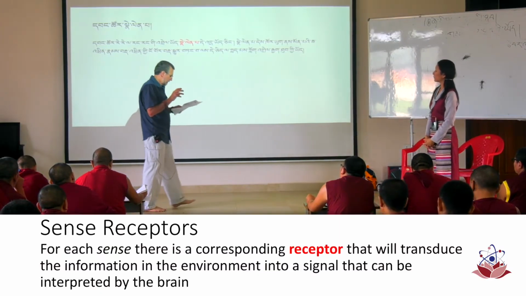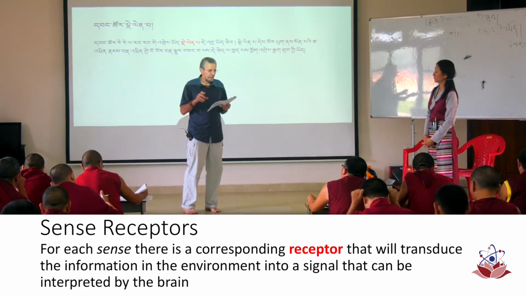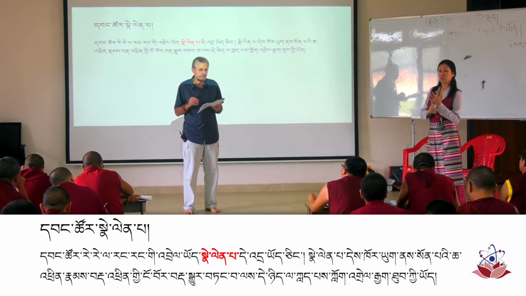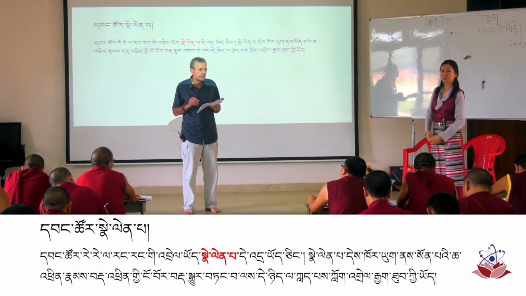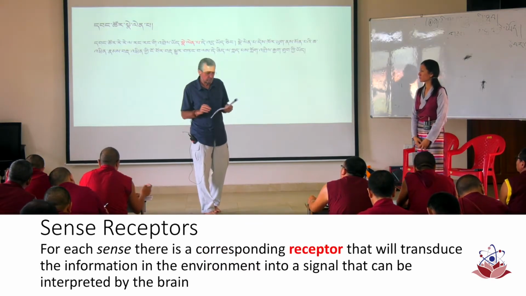So as I mentioned, for each of these sense organs, we have what we refer to as sense receptors. These are specific receptor cells or neurons.